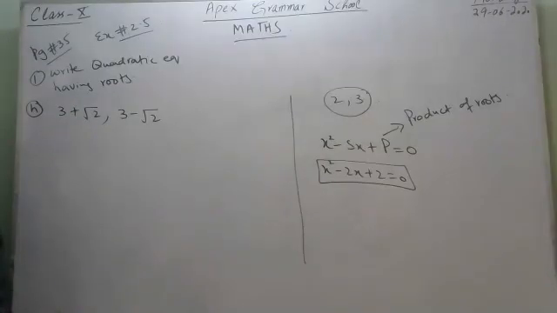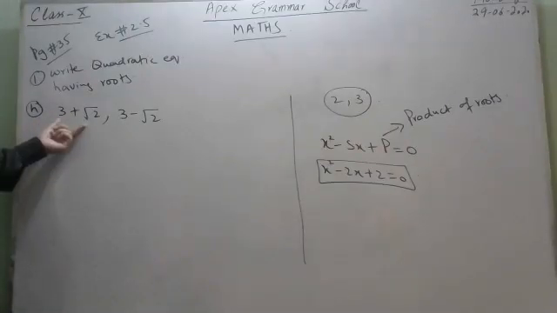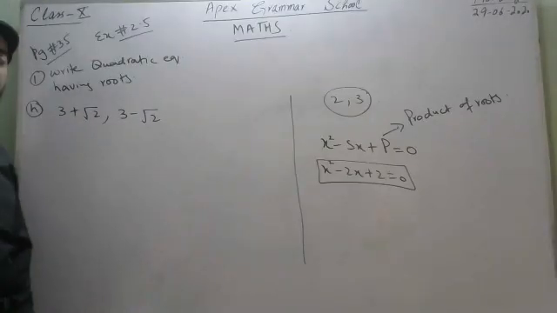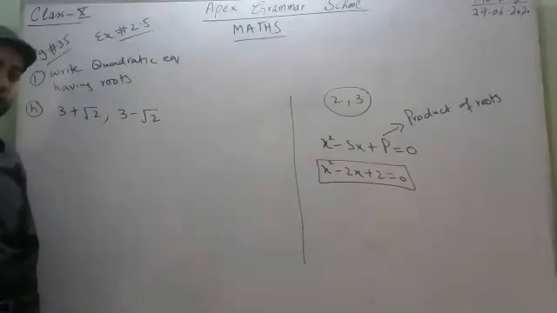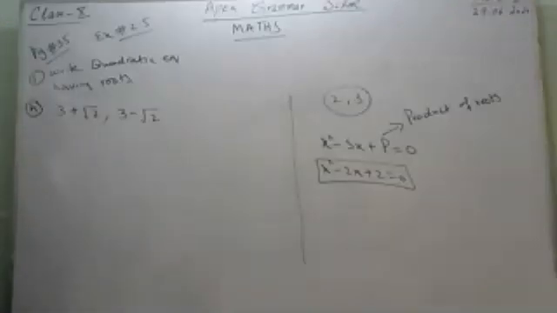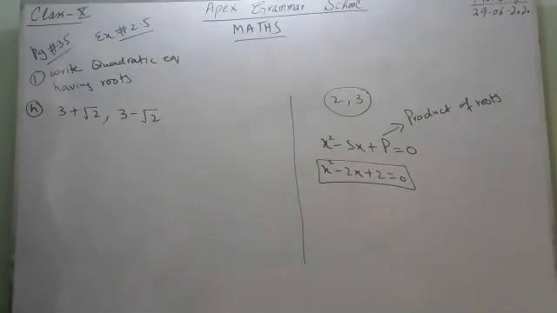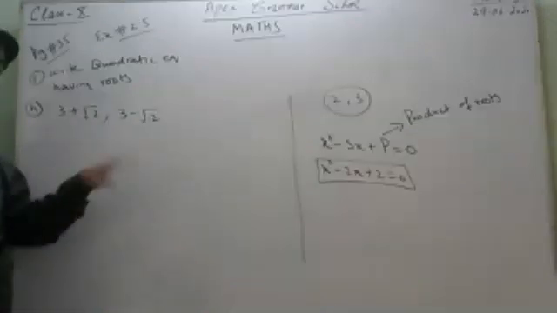In the previous question, we had imaginary roots in the form of iota. And what about these roots? These roots are irrational because they contain an irrational part, square root 2, here and here. So roots can be irrational. We are concerned only that we have to make the quadratic equation whose roots are these irrational numbers.